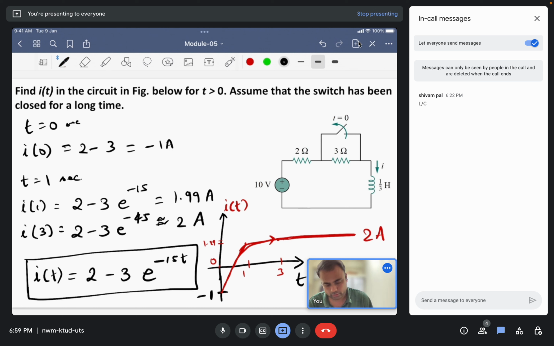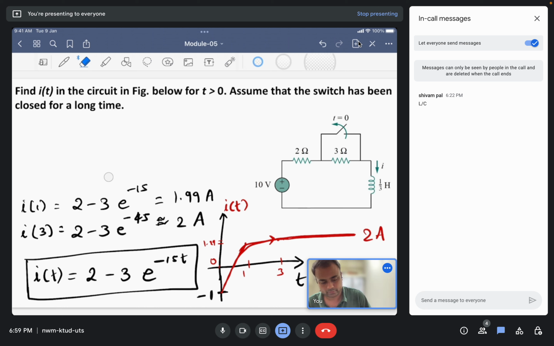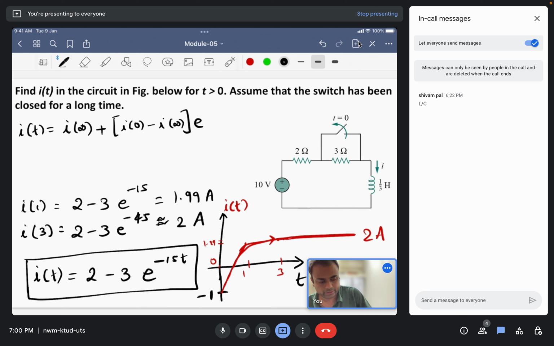We have calculated the current, and initially the formula we took for the relation was that i of t is equal to i at infinity plus i of 0 minus i of infinity times e to the power minus t by tau.